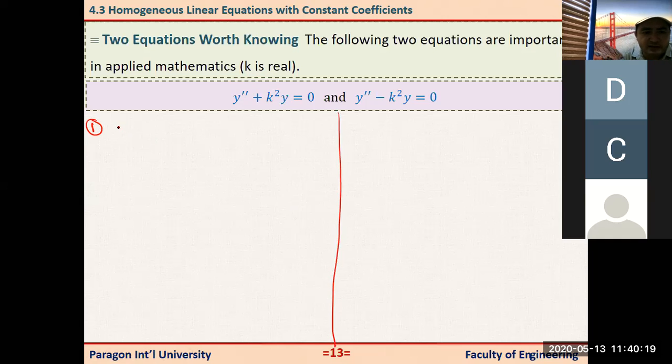If we form our auxiliary equation, this is our first equation and this is our second equation. Considering the first one, m squared plus k squared is equal to 0.